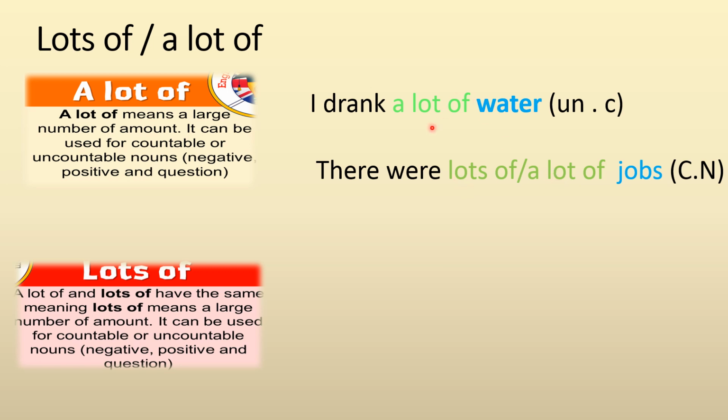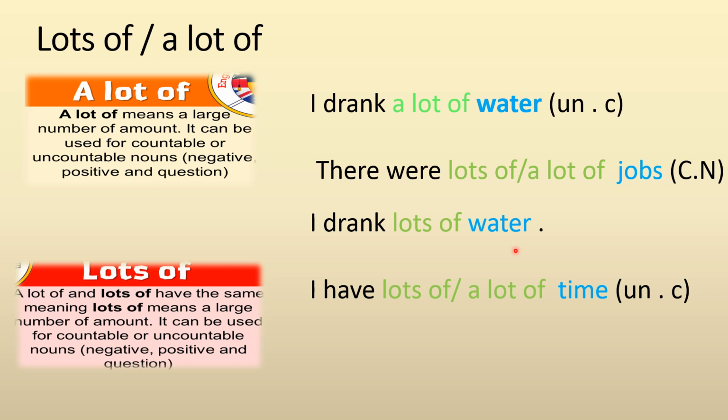Lots of or a lot of. We can say lots of jobs and a lot of jobs. I drank lots of water and I have lots of time. Time is an uncountable noun, so we can say lots of time or a lot of time.